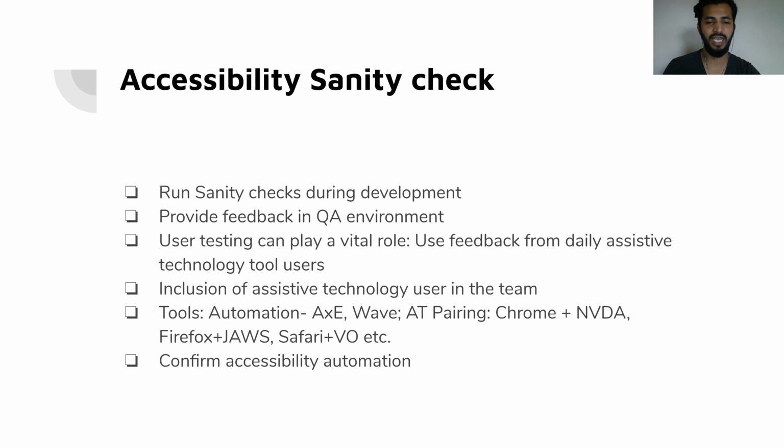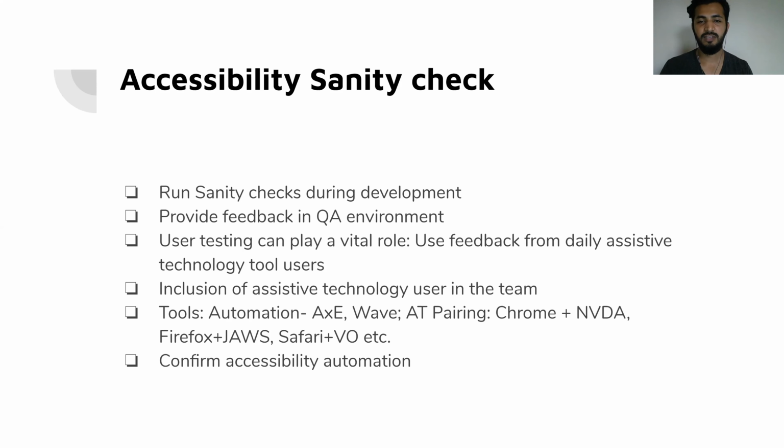We as accessibility engineers are trying to put ourselves in their position while trying to evaluate certain content based on our knowledge and experience, but they are the real user. So their feedback is extremely vital. So having a sanity check, which includes their feedback, and feedback coming from opinion lab, can play a really big role here.